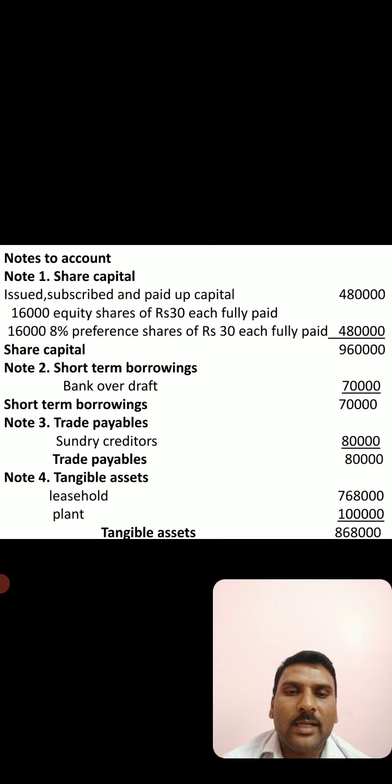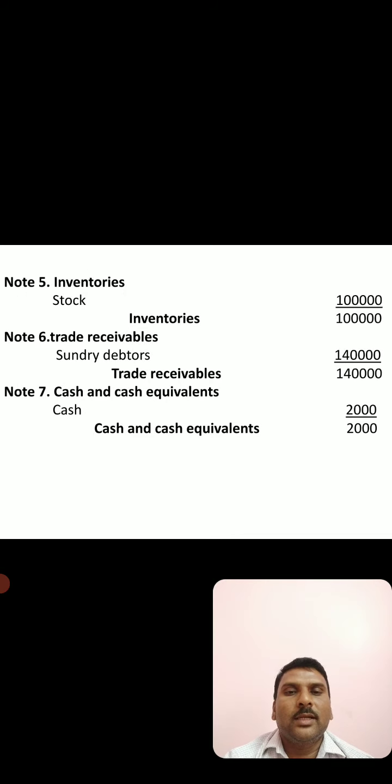Leasehold 7,68,000 and plant 1 lakh, means it is 8,68,000, and stock reduced by 40,000, so now it is 1 lakh, and sundry debtors is also reduced by 60,000, that is the provision for doubtful debts, and cash balance is 2,000. Like this, the revised statement of assets and liabilities is prepared after the reconstruction.